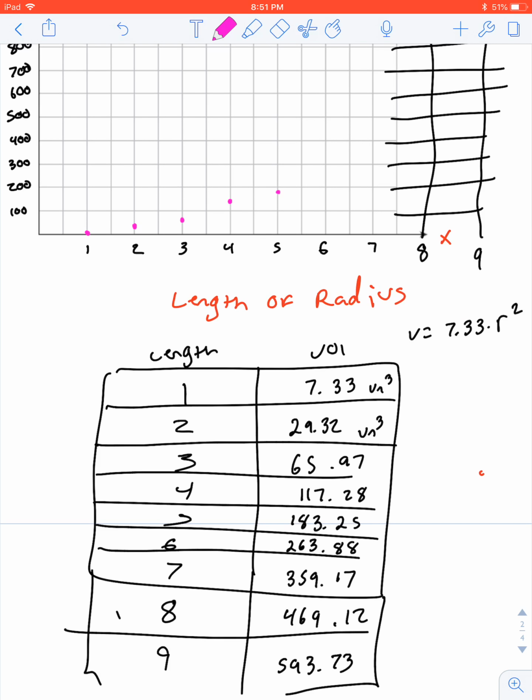Okay, length of 5, 183. Length of 6, 263, so a way huge jump. Length of 7 all the way up to 359. Length of 8 all the way up to 469. And a length of 9 all the way up to 593.